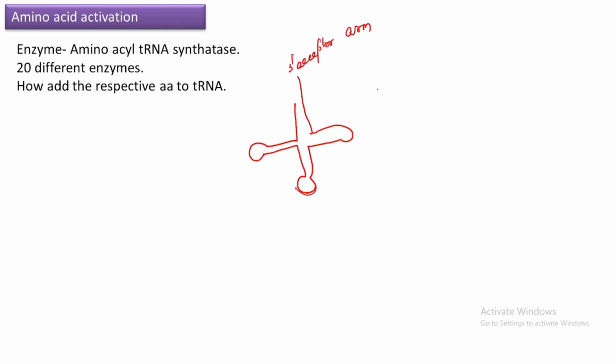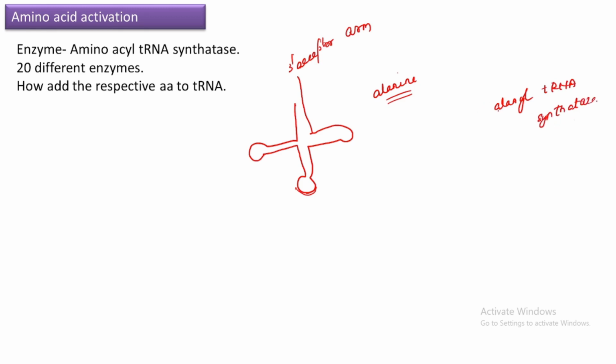We can take the case of the enzyme for alanine. Suppose we need to add alanine to its corresponding tRNA. For adding alanine, the enzyme will be alanyl tRNA synthetase. This will be its enzyme.